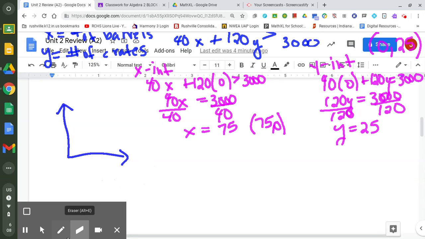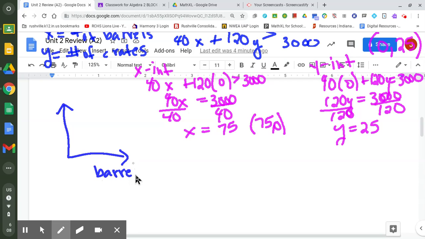Barrels would be along the bottom. So my barrels and my crates. So x, that was my barrels. So my barrels would need to be 75 and my crates 25.